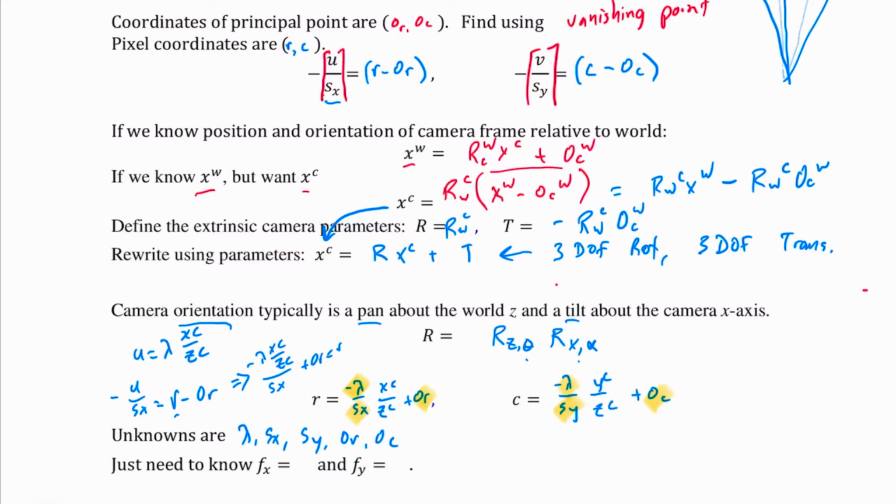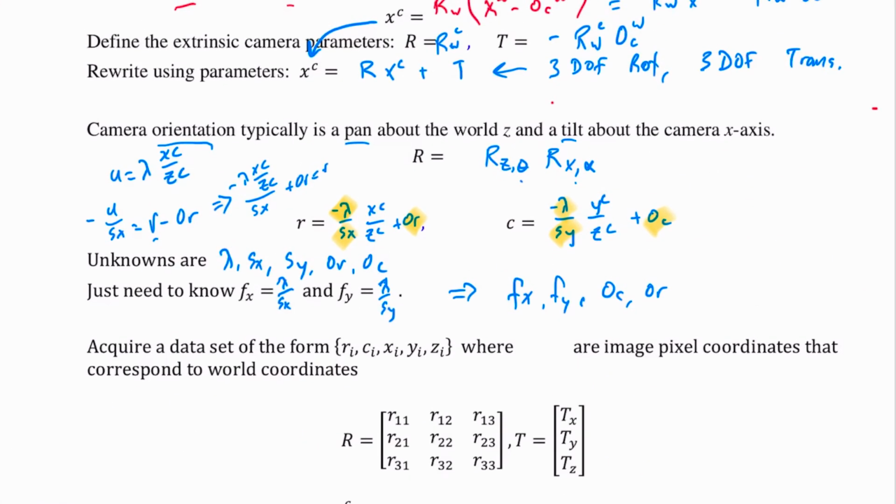And so we can just call those terms something new. We'll say that FX is equal to lambda over SX, and FY is equal to lambda over SY. And so now my unknowns are just going to be FX, FY, and then OC, OR.